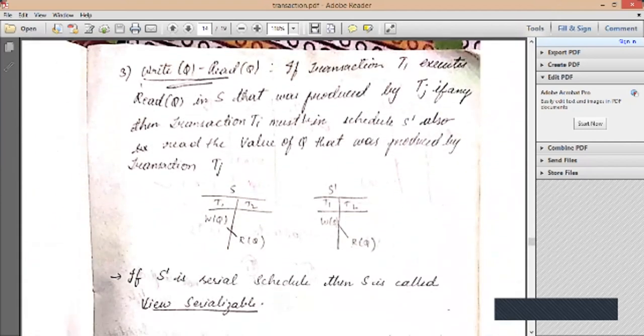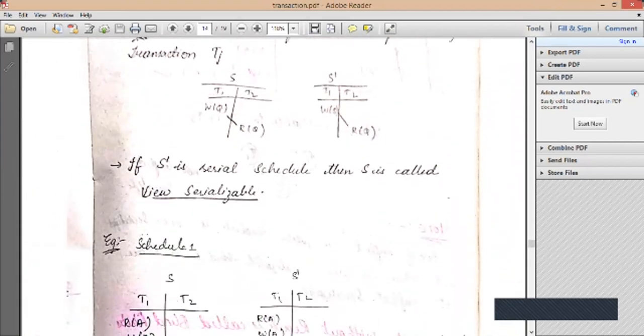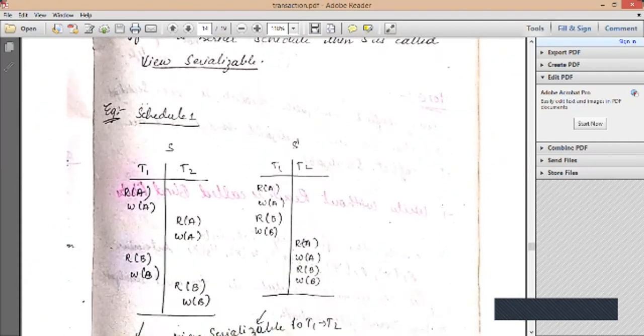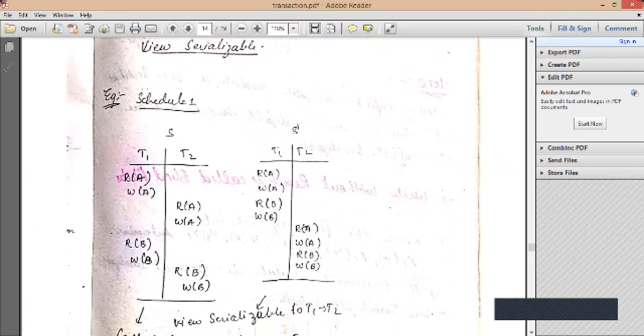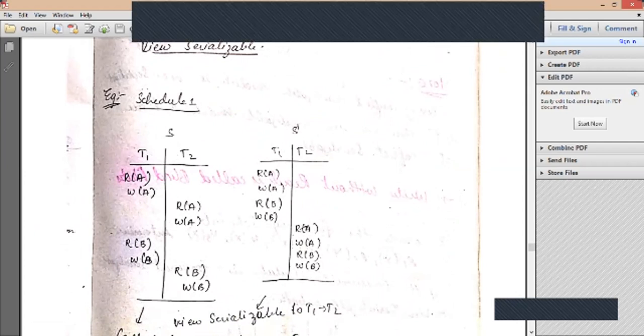Let me show you an example. For this particular schedule, we have gone through conflict serializability, and it has given us an output that it is not serializable, so we next shift to view serializability. In view serializability, we try to move all the operations of T1 up and all the operations of T2 down.